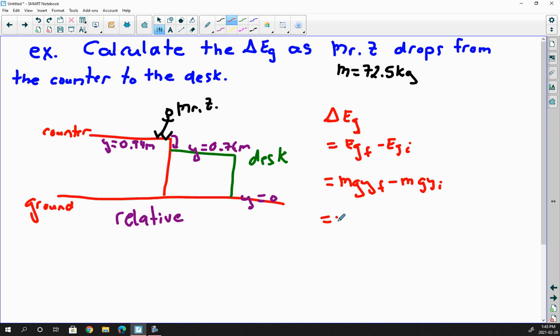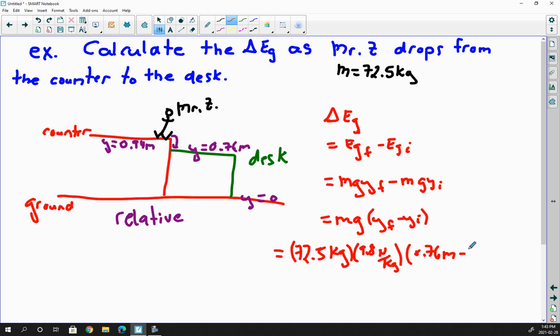Okay, let's do some factoring here. So we've done some factoring, and we get 72.5 kilograms times 9.8 newtons per kilogram. Notice I didn't put a negative sign there. And y final is 0.76 meters minus 0.94 meters. Okay, and it's definitely going to be negative 128 joules. So there you have it.